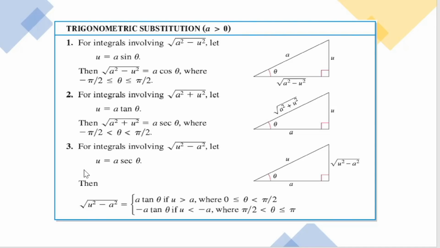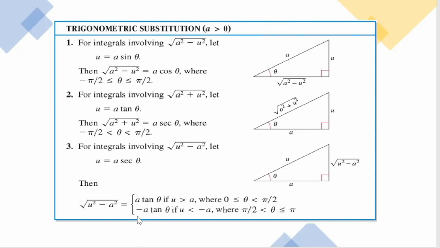For number 3, for integrals involving the square root of u squared minus a squared, we let u equal a secant theta. Then the square root of u squared minus a squared is equal to a tangent theta if u is greater than a, where 0 is less than or equal to theta and theta is less than pi over 2.